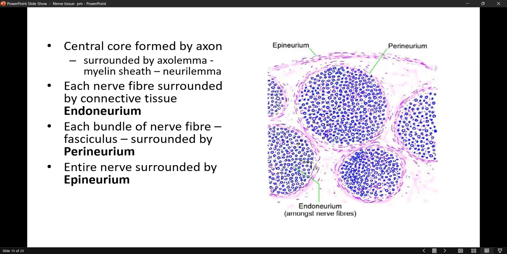And depending on how they are organized, we saw there was gray matter and white matter. Gray matter is where we had aggregations of neuronal cell bodies with unmyelinated axons.